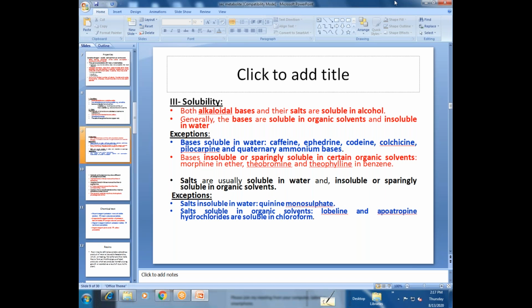Quinine hydrochloride is soluble in water, but quinine monosulfate is sparingly soluble, about 1 part in 700 or so. Salts soluble in organic solvents: lobeline and apoatropine hydrochlorides are soluble in chloroform. So usually salts are insoluble in organic solvents. Is it clear?